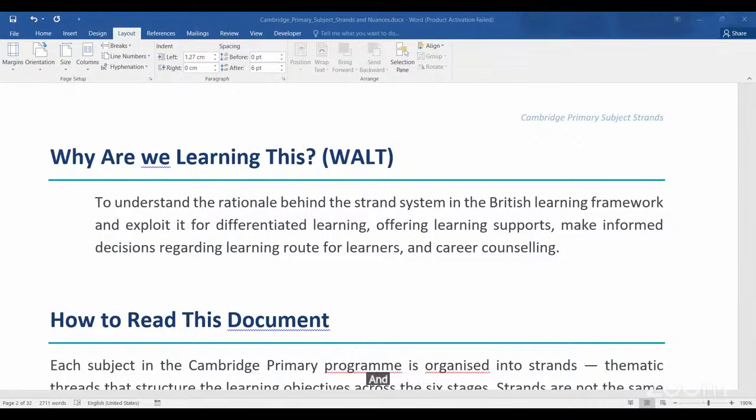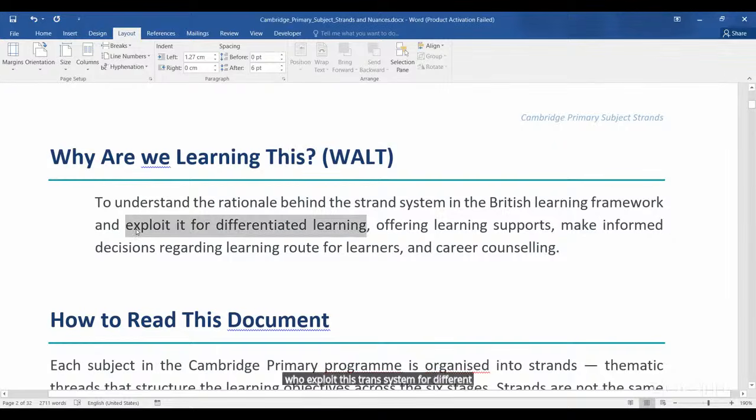The number one aim of the strand, and other aims, are one, to exploit the strand system for differentiated learning. I will explain. Why the strand system?